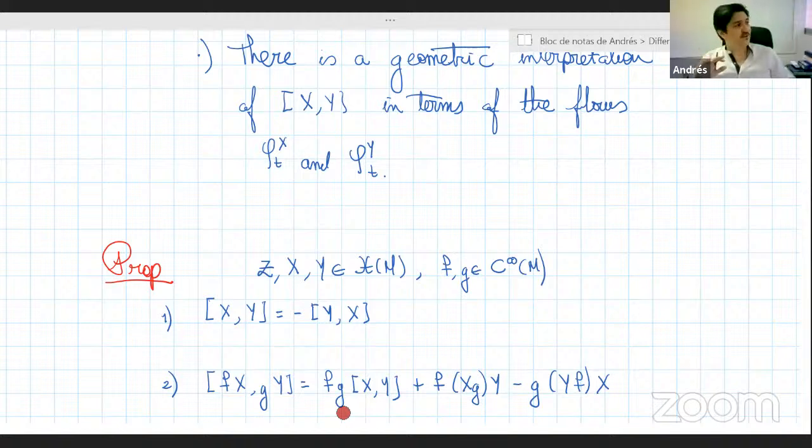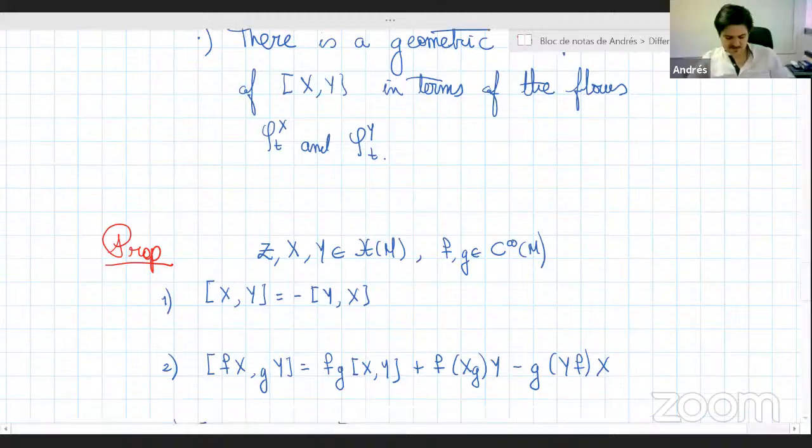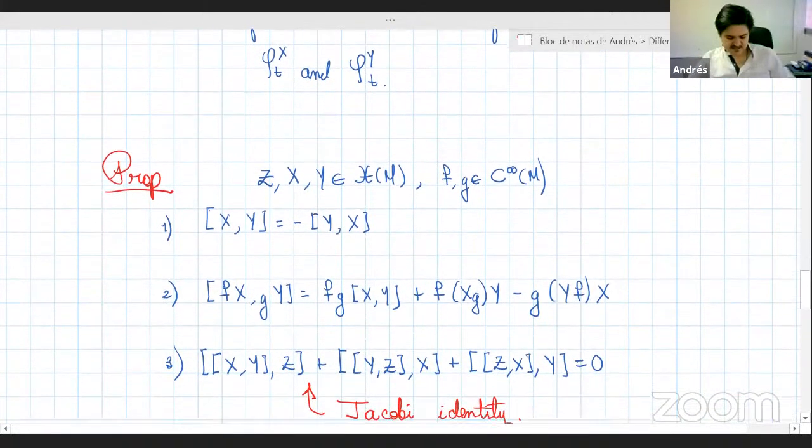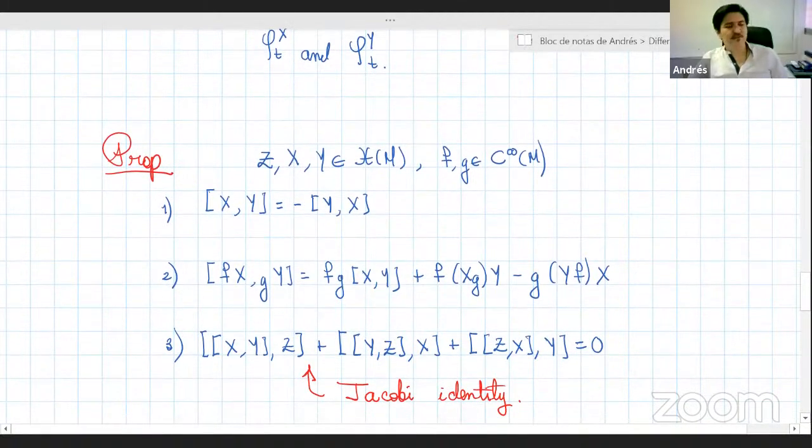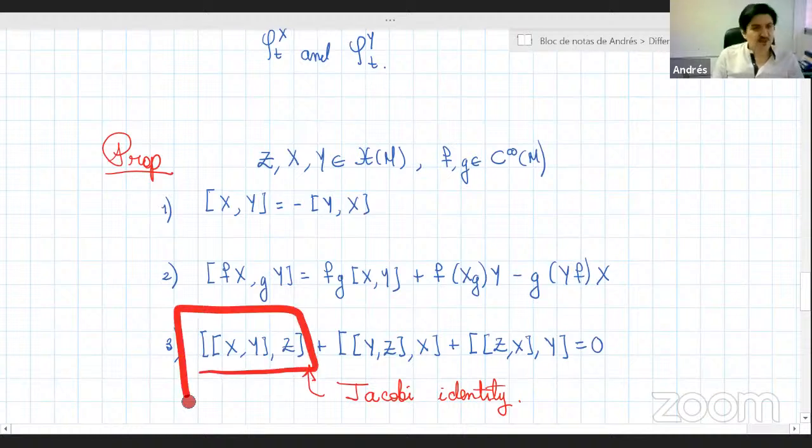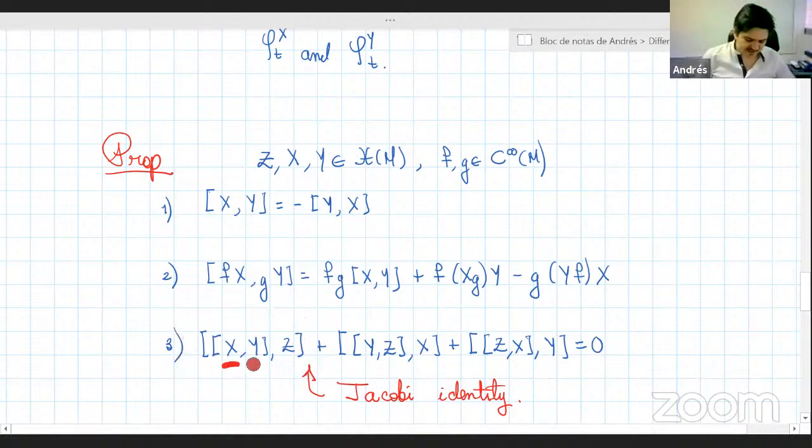The third property, this is fundamental. This is called the Jacobi identity. The whole idea is to take twice the Lie bracket, right? So you put x, y, and z, and you do a cyclic permutation.